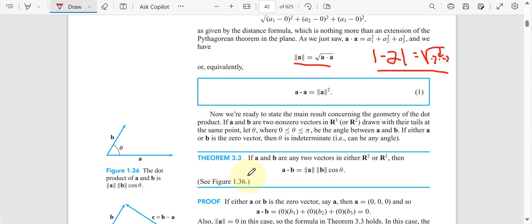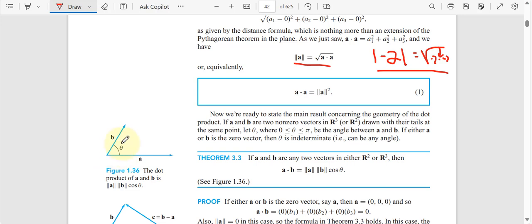Okay, next we're going to get a very important and a kind of nice result, but let's just say important result about the dot product. And it kind of comes from thinking of these vectors geometrically. So let's think of these vectors geometrically. So here's A and here's B. So we're taking A and B and we're putting their tails at the same place, first of all.